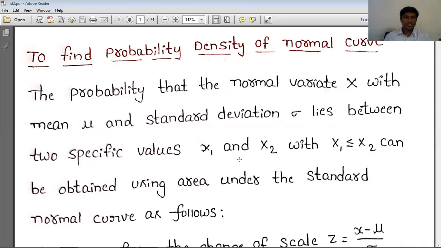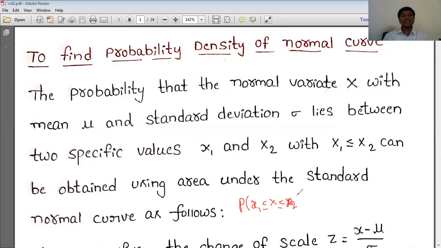That means we calculate P of x1 less than or equal to x less than or equal to x2.